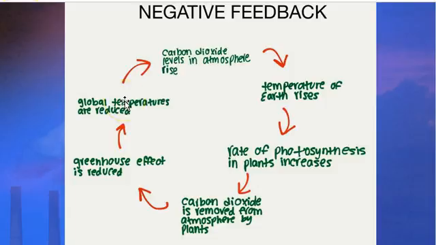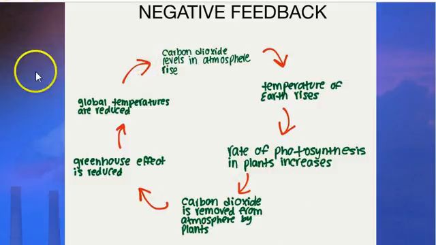Now, as temperatures go down, carbon dioxide levels in the atmosphere actually naturally rise because photosynthesis is dependent on temperature. So when temperature goes down, photosynthesis goes down, you have more CO2. But when you have more CO2, that's going to cause the temperature to rise, that's going to cause photosynthesis to happen faster, and that CO2 is going to be taken back out again.